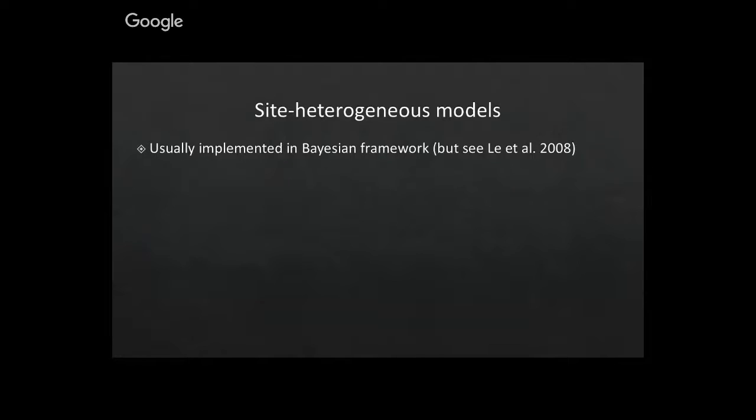They are usually implemented in a Bayesian framework, but there are maximum likelihood based site heterogeneous models. And of course, they're not blind to intragene heterogeneity, which, as we said with partitioning, is one of the downfalls: that it is blind to intrapartition substitutional or site heterogeneity.